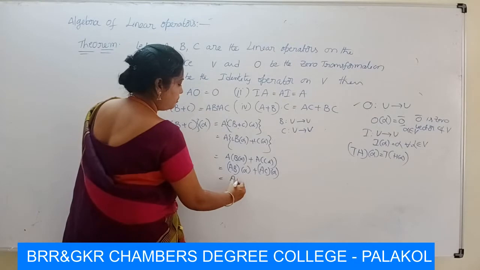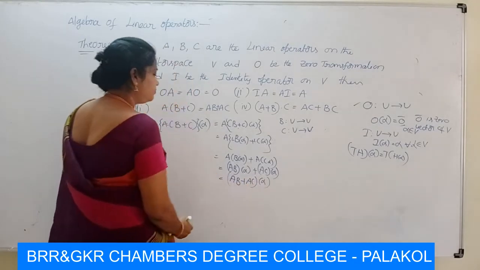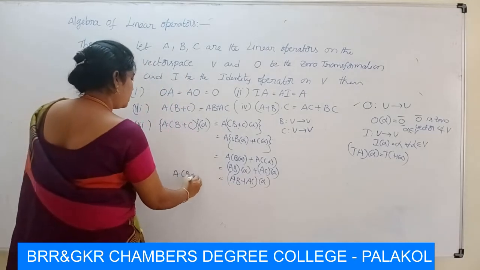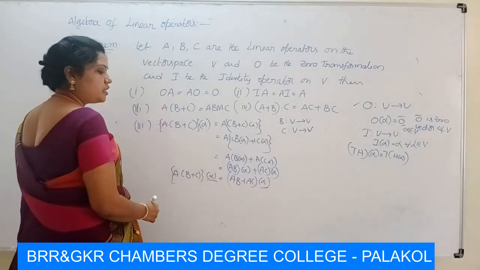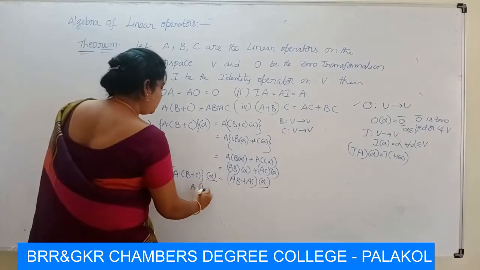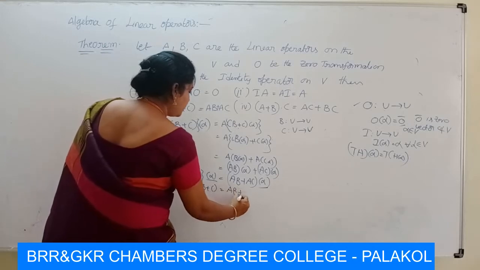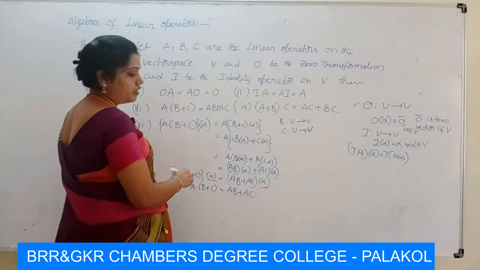So AB plus AC of alpha. Here A into B plus C of alpha, alpha is the same arbitrary element on both sides, so their functions are equal. Then A dot B plus C is equal to AB plus AC. So next condition, the fourth one.